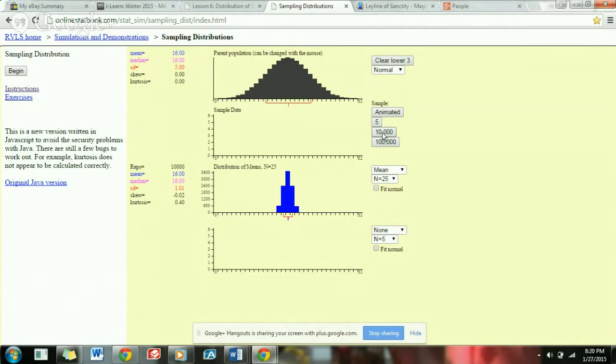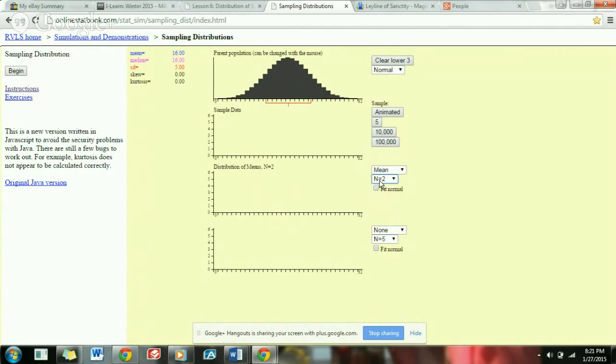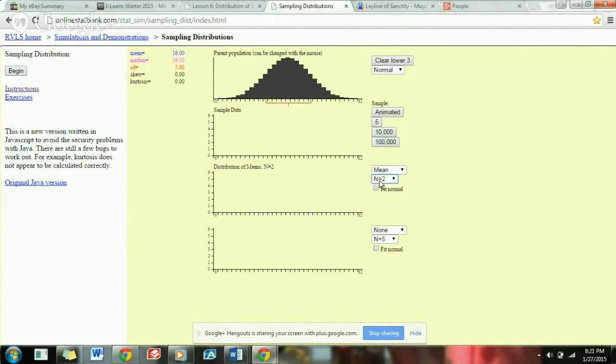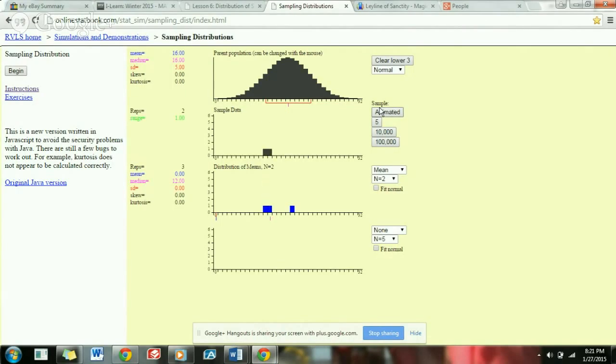Fit normal, and you got the same bell curve. N equals 2? Well, I just have a different format. Yes, and then I just did animate or whatever. N equals 2, it means what? I don't know. It's a sample size. It's a sample, right? It's your population size.